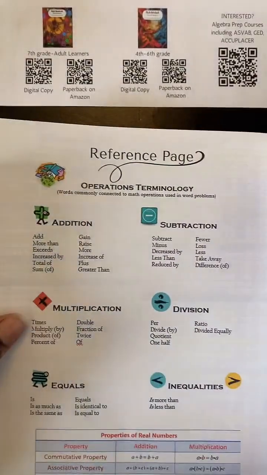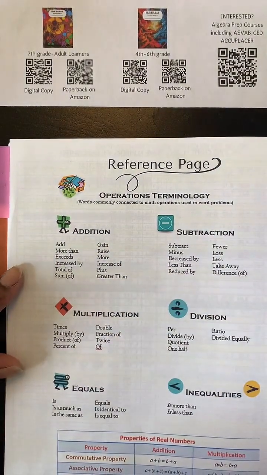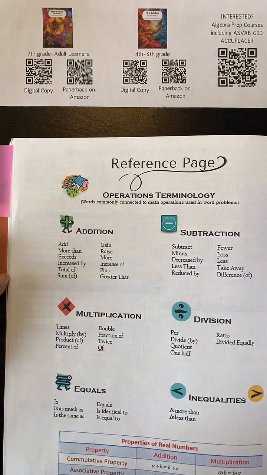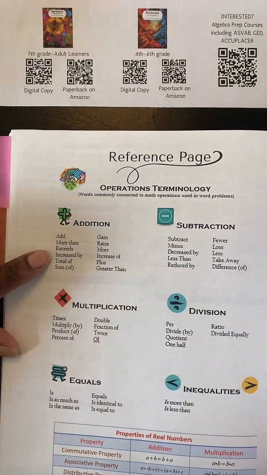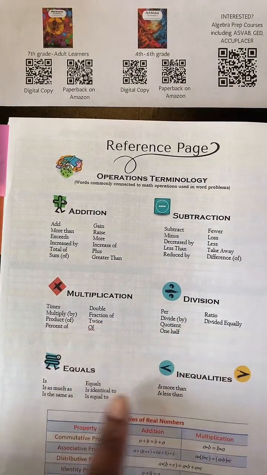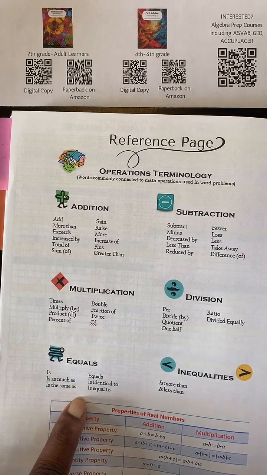In addition to that, word problems. So the most used words, basically used on almost every word problem, are going to be here. I have phrases for addition, subtraction, multiplication, division, equals. You'll be amazed how many kids will get that wrong.